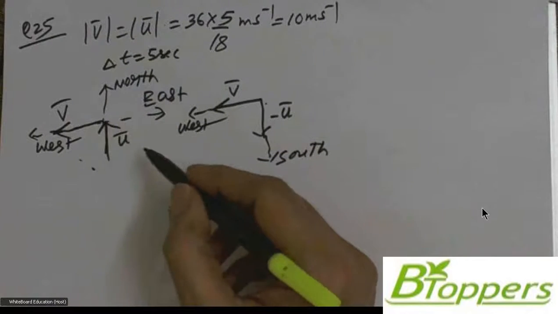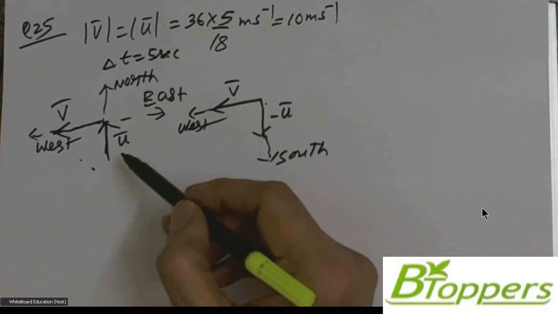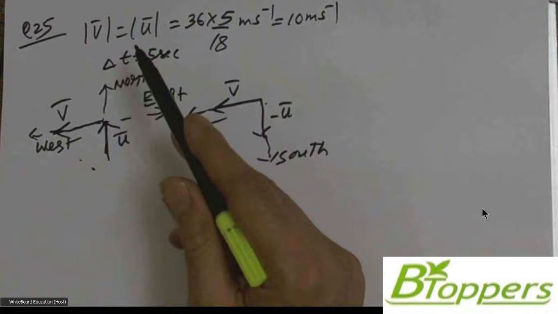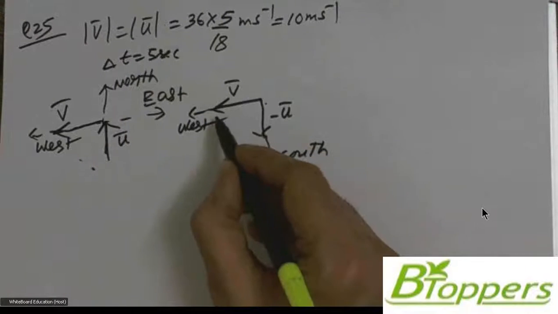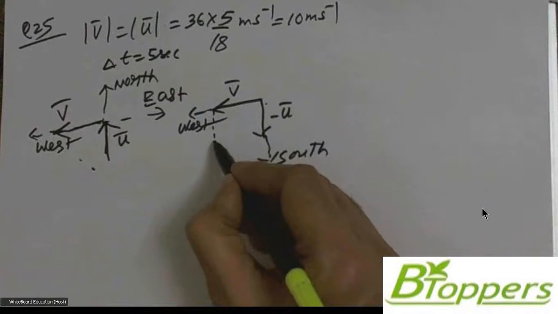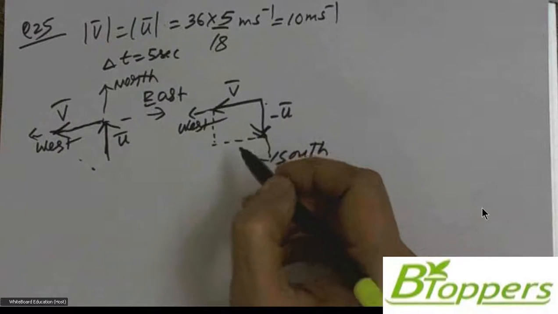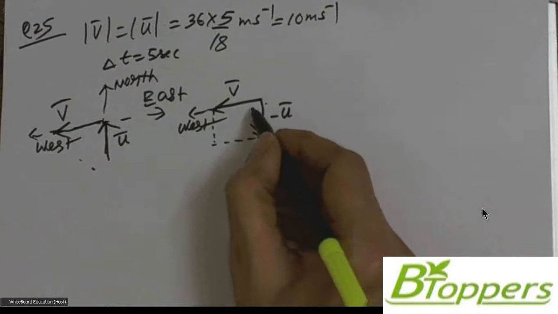U bar is towards north. So minus U bar, from the definition of a negative vector, will have the same magnitude as the vector U bar but acts opposite to U bar. U bar is towards north, so minus U bar is towards south. Here both the vectors have the same magnitude. Therefore, the resultant bisects the angle between the two vectors.